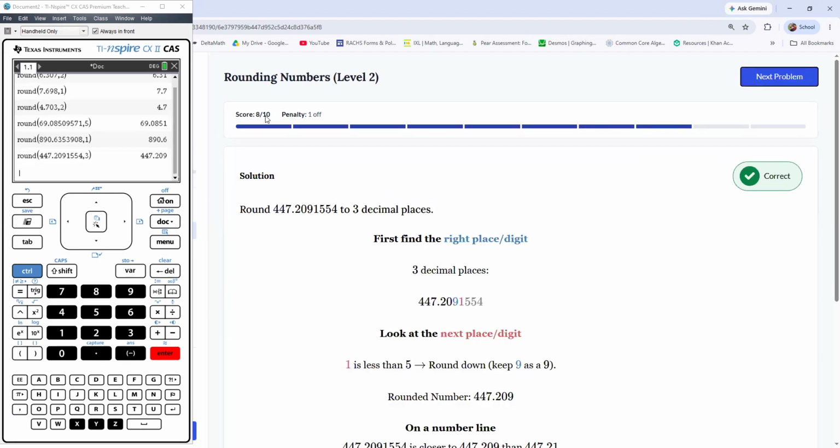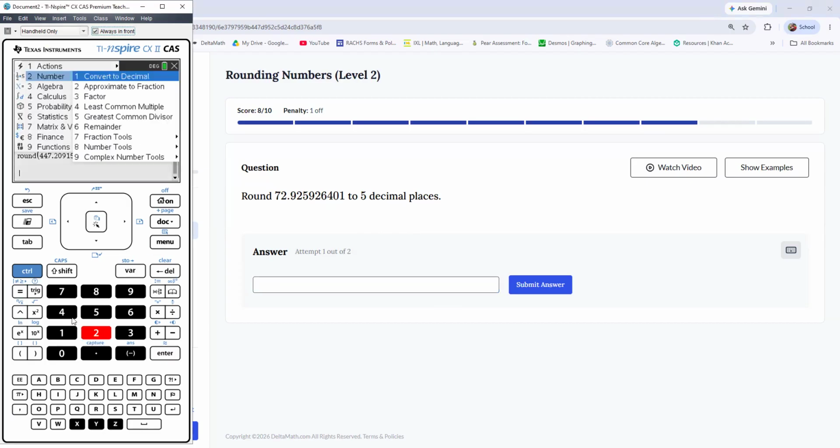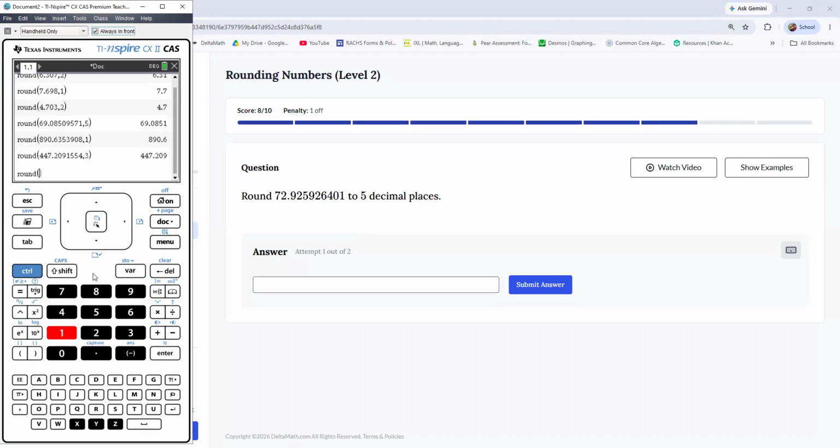I think that's good. Let me do one more. Okay, this one is telling you 5 decimal places. So this would be rounded to the 100,000th place because 100,000 has 5 zeros. So we would go menu 281. And then what we're going to do is type this number in, 72.925926401, comma.